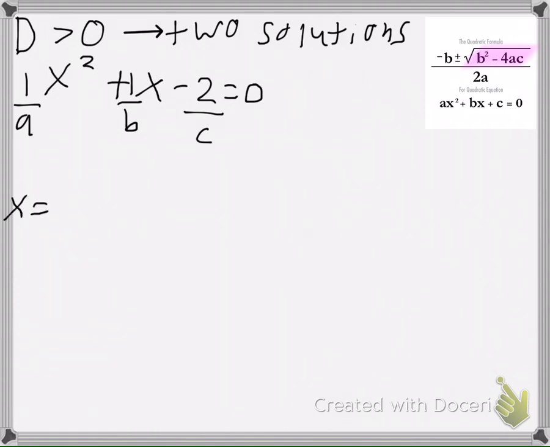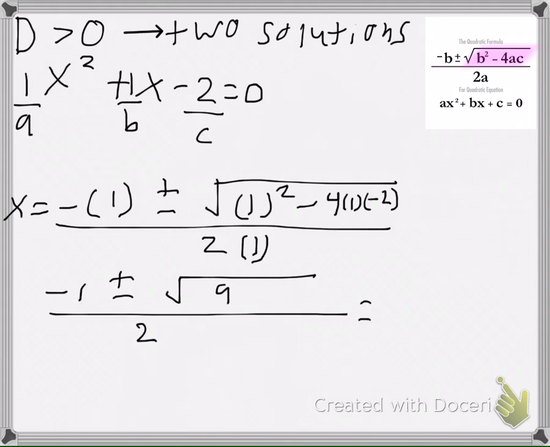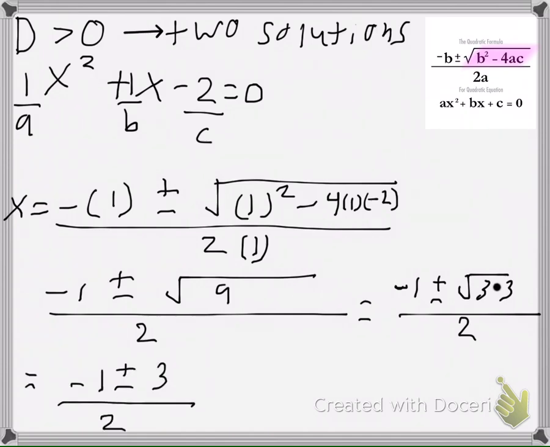So let's check to see if there are two solutions. I have negative 1 plus or minus the square root of 1 squared minus 4 times 1 times negative 2, over 2 times 1. Simplifying the inside of the radical, I get 9. I know that 9 is just 3 times 3, so I can take a 3 out of the radical. So I have negative 1 plus or minus 3 over 2.